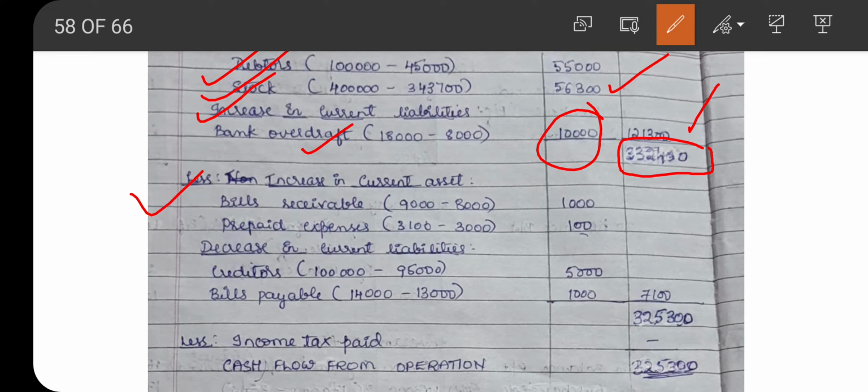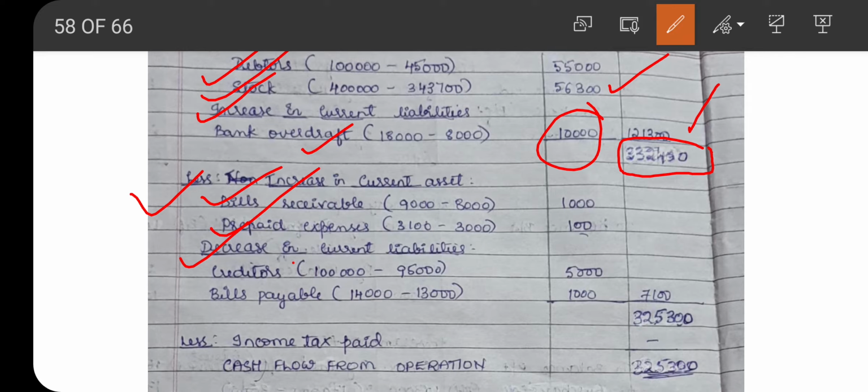Less increase in current asset and decrease in current liability. Now you should search which are the current assets that has been increased. So bills payable and prepaid expenses. So bills payable has been increased by an amount equal to 1,000 and prepaid expenses has been increased by rupees 100. Then decrease in current liability, you should search which are the current liabilities that have been decreased.